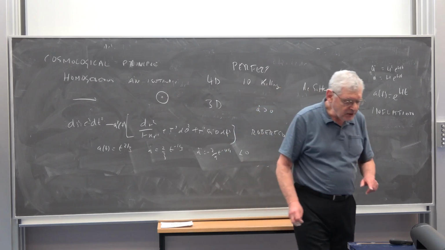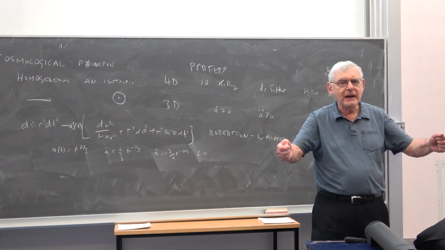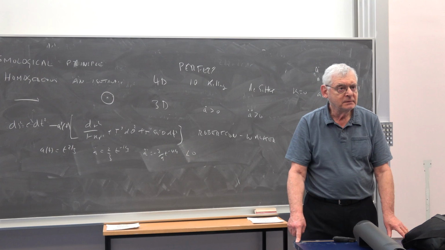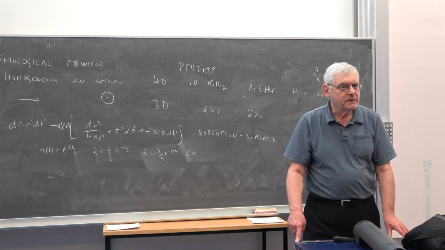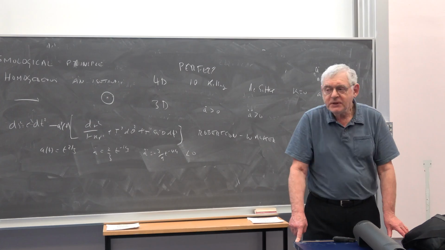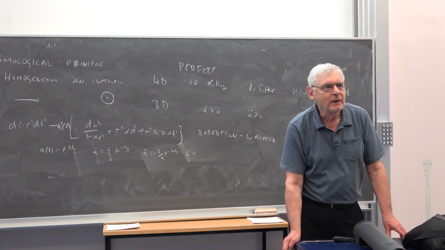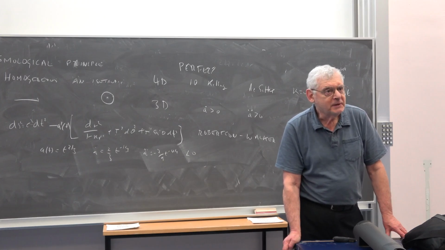Now, acceleration you expect to be negative because you think the universe is expanding, but objects attract and they slow down the expansion. So it was always a thought that A double dot would be negative until it was measured. And once it was measured, it was, as I'm sure you all know, with the accelerating universe, it was found to be positive.